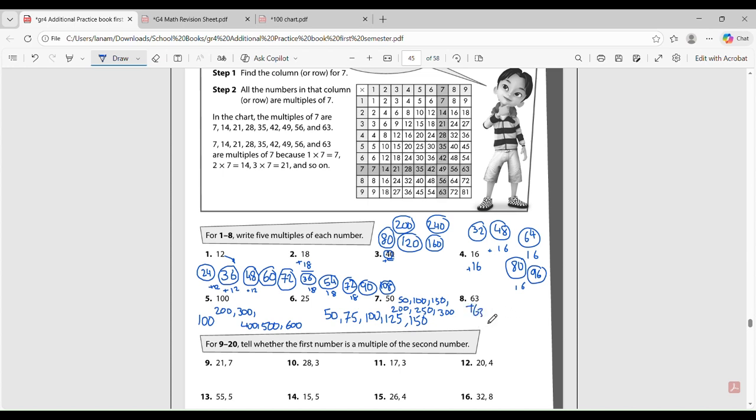Now 63, each time I will be adding 63. So 63 plus 63 is 126. Plus 63, we will have 189. Plus 63, so here we have 126, 189. Plus 63, I will have 252.